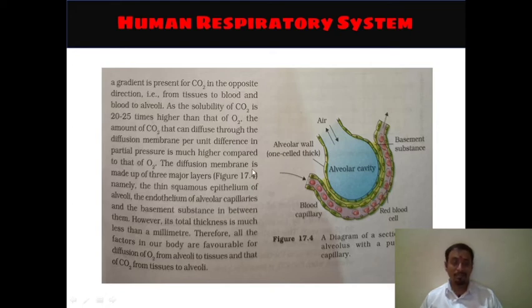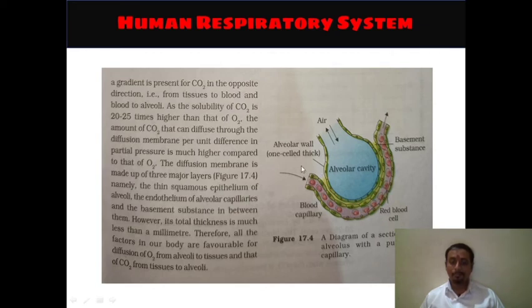Let's see, the diffusion membrane is made up of three major layers as shown in this figure. First, the thin squamous epithelium of alveoli. Second, the endothelium of alveolar capillaries, and third, the basement substance in between them. Okay, these are the three layers.